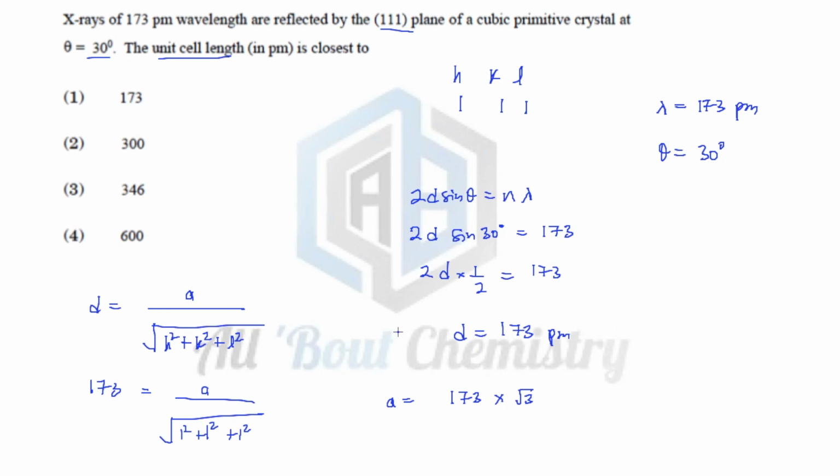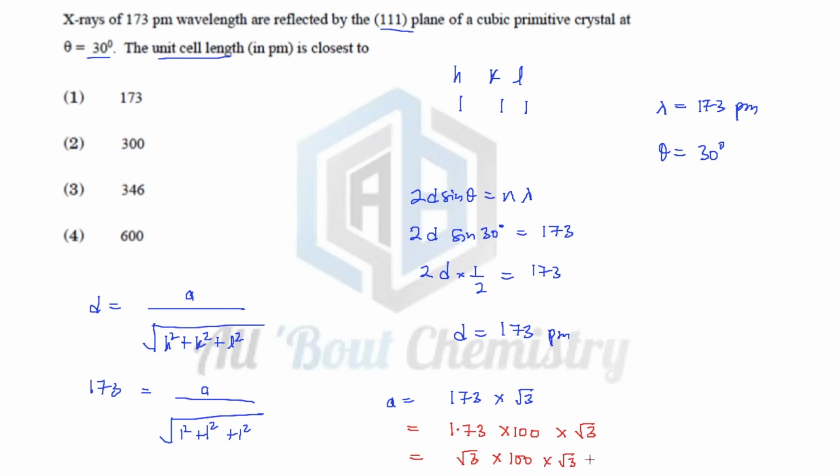That is one of the trivial ways, but I will tell you one shortcut trick, or how you can manipulate the methods to get your answer. See, what you can write down is 173 like 1.73 into 100. I have just split this, and into it will be root 3. Now this 1.73 is the value of root 3, so I can just put here root 3 into 100 and into root 3.